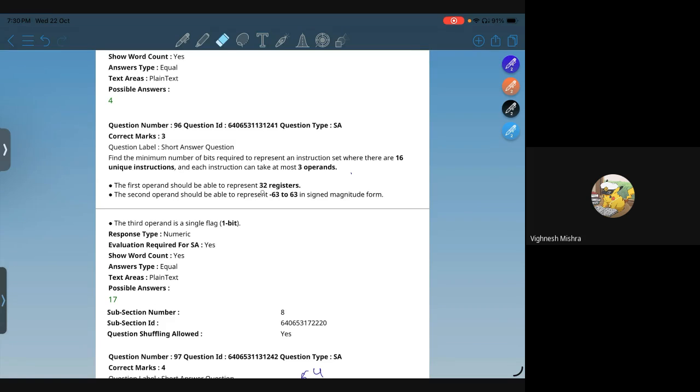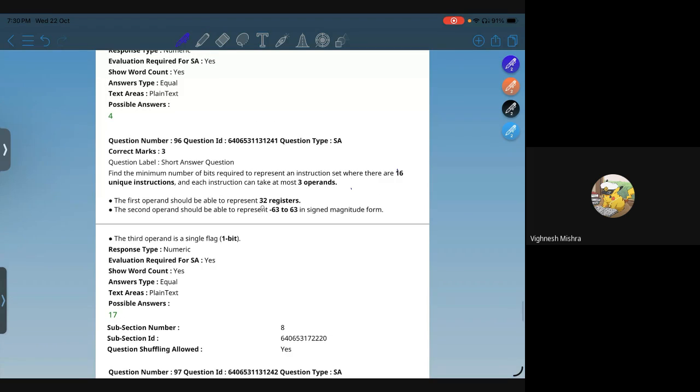For ChatGPT, it is saying the first operand: we have 16 unique registers, so it means 4 bits. For the other operands, it's taking log base 2 of these values, 32 and so on. So 32 is 5 bits, and 1 bit for the sign, and just the magnitude.